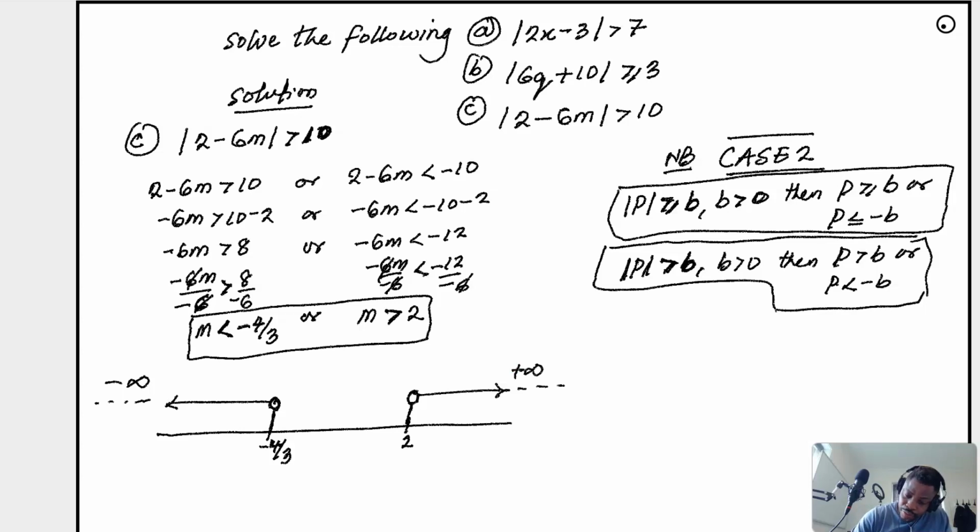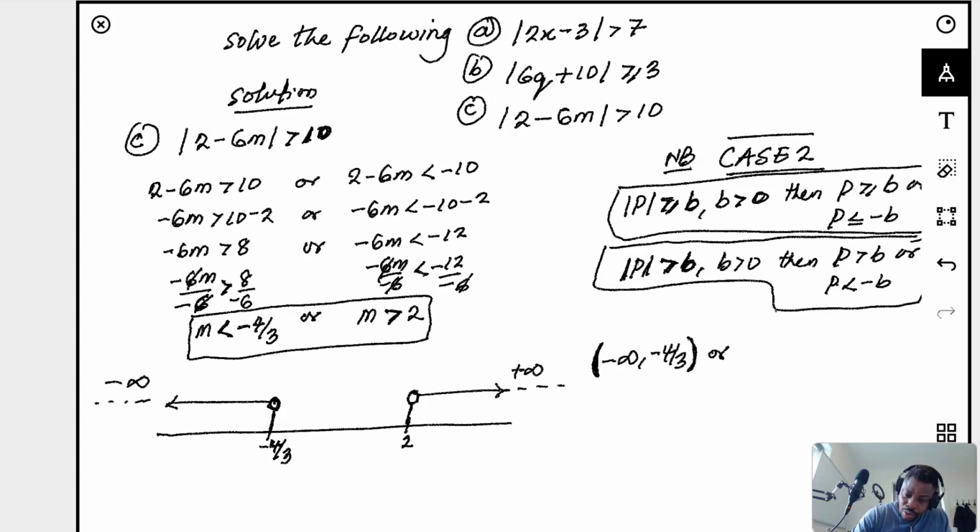So the interval notation of this is going to be minus infinity is less than minus 4 over 3. So the minus infinity, comma, then minus 4 over 3. Remember, this is not shaded, so it's not inclusive, so I'll use the normal bracket. Remember, you can use or you can use union.